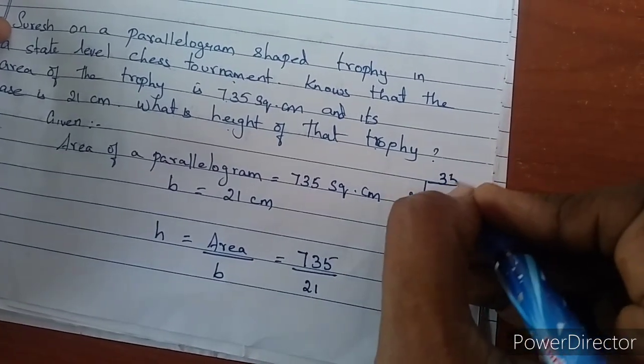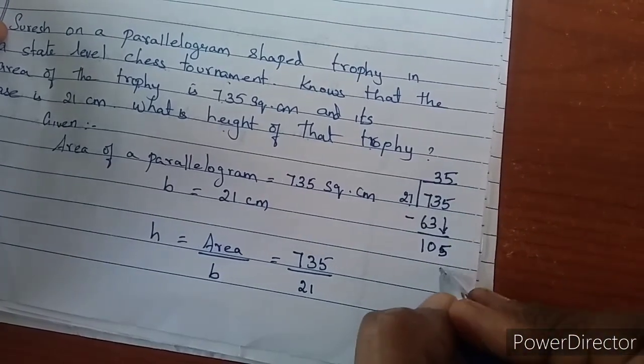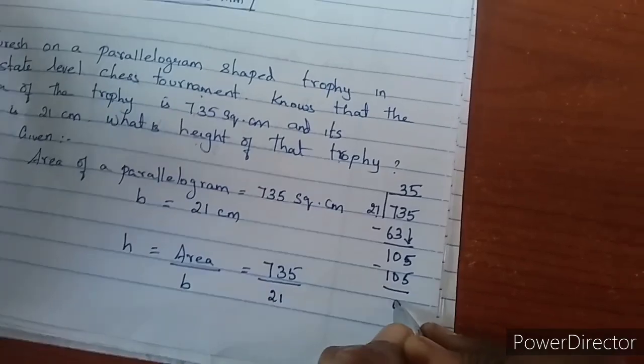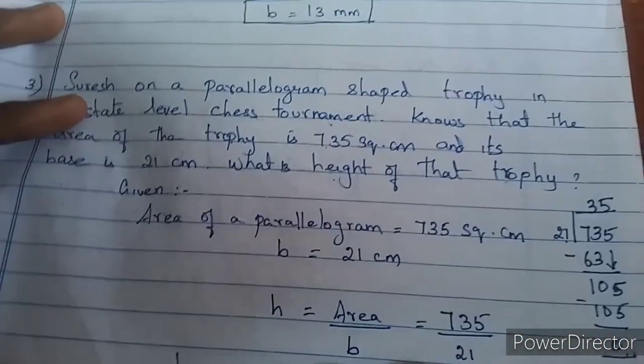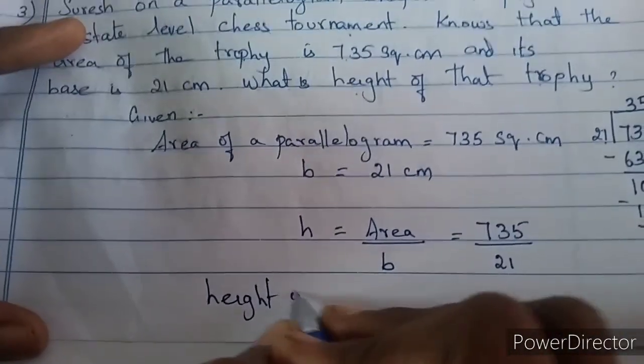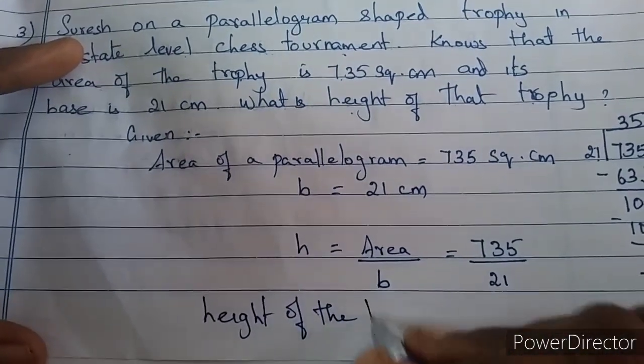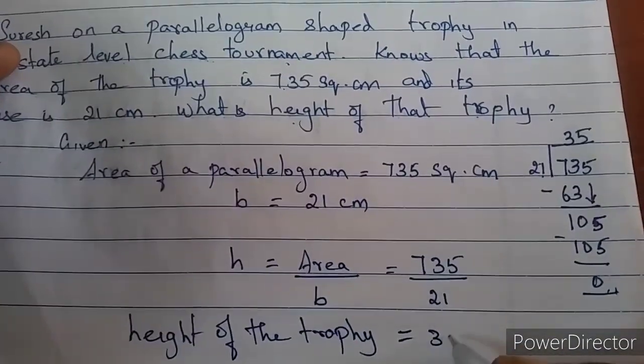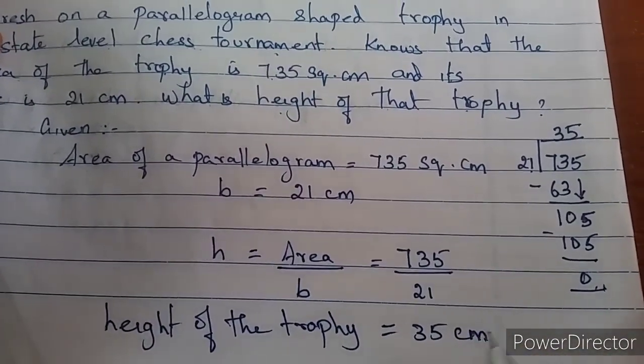Now, 21 5s are 105. So, subtract these two numbers, 0. Now, the height of the trophy equal to 35 centimeter.